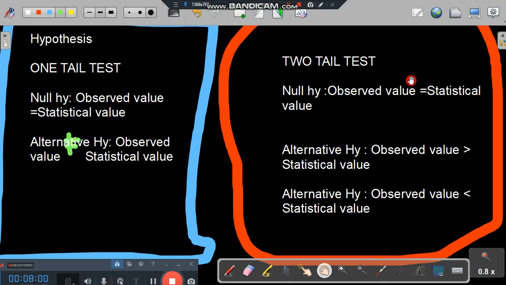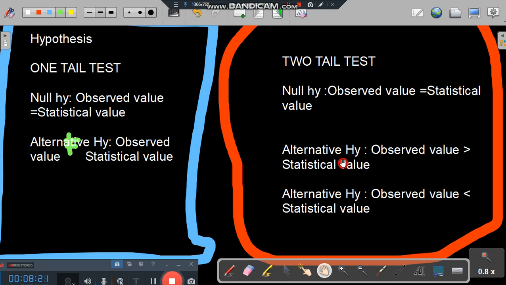In a two-tail test, the alternative hypothesis has two choices. The first is that the observed value may be greater than the statistical value, and the second is that the observed value is less than the statistical value.